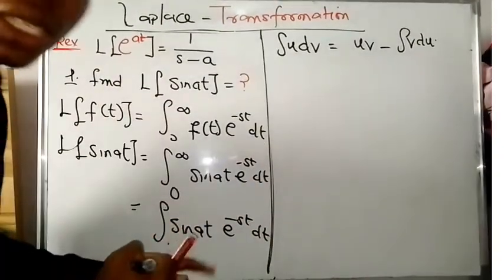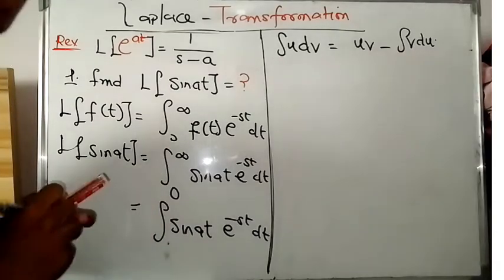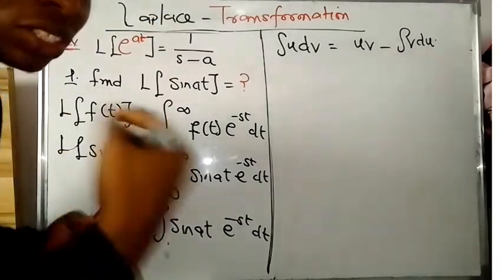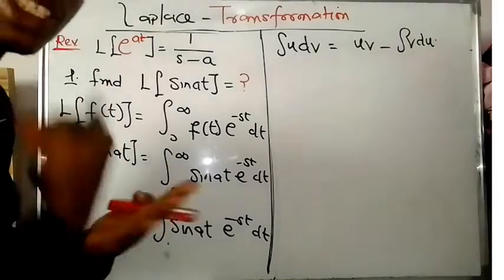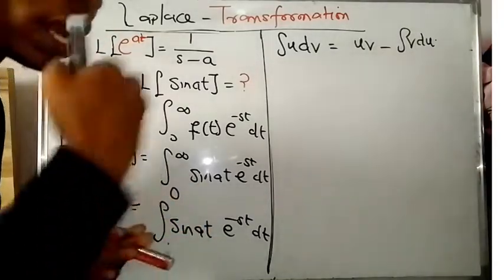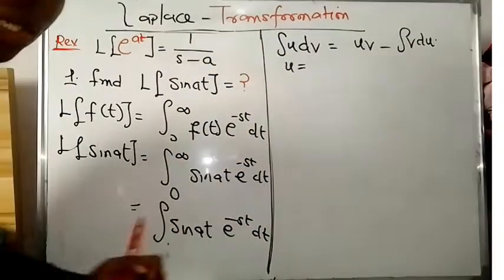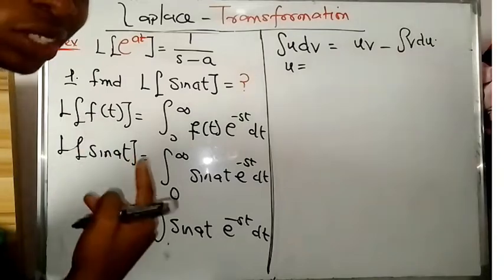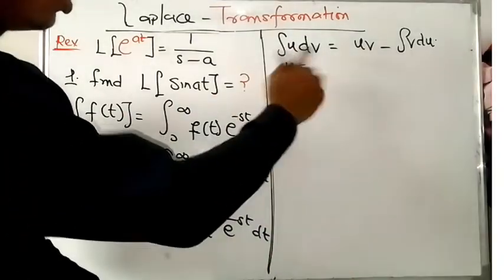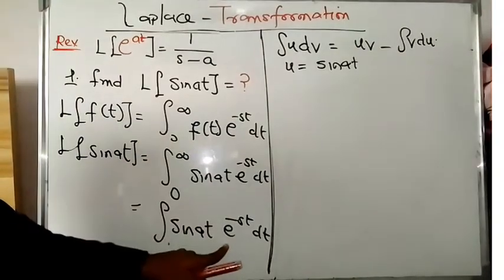Based on the integral we have here, what is u and what is v? If we remember our sequential order for integration by parts, the trigonometric comes before the exponential. So the trigonometric takes u and the exponential takes dv.